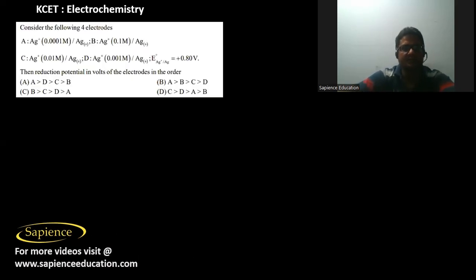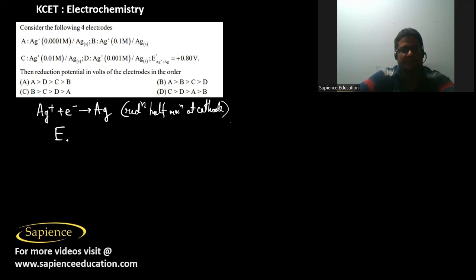Then here it is told, consider the following 4 electrodes, then reduction potential in volts of the electrodes are in the order. So now here, as you know, for the reduction potential of silver, Ag plus will gain 1 electron to form Ag. So it is a reduction half reaction, which will happen at the cathode.